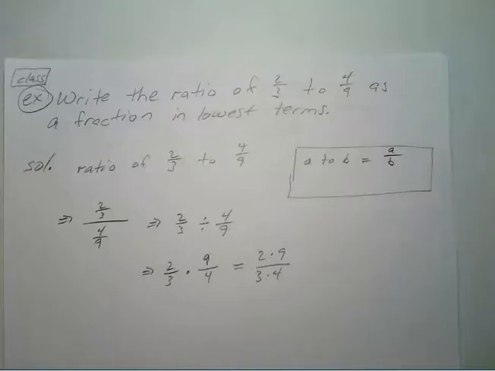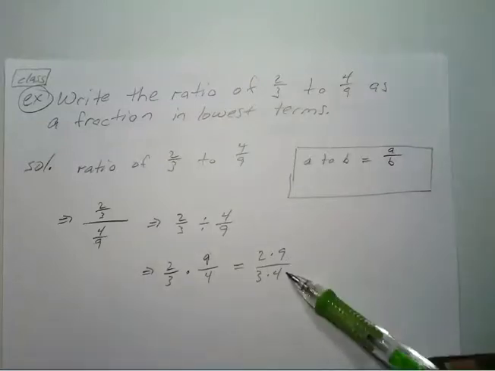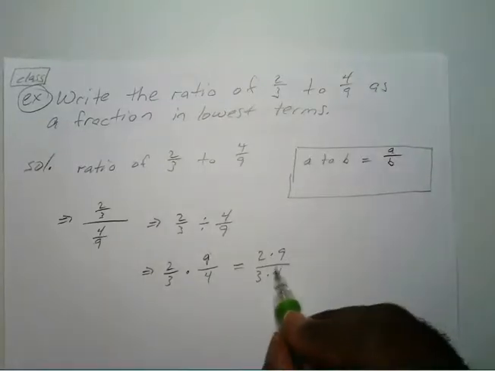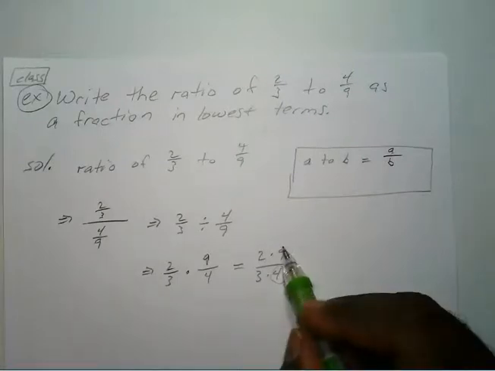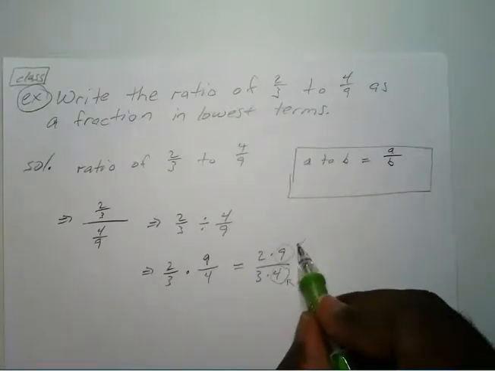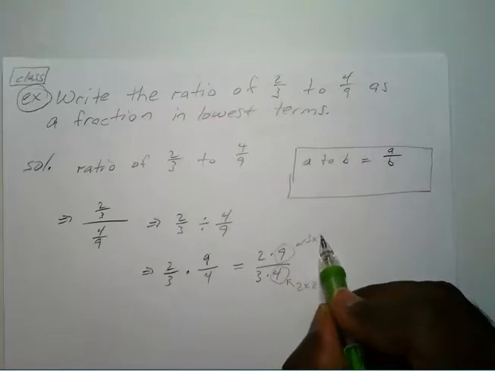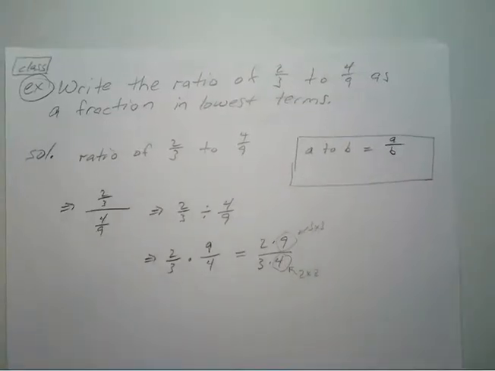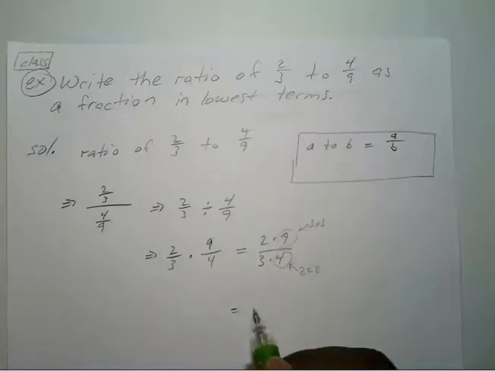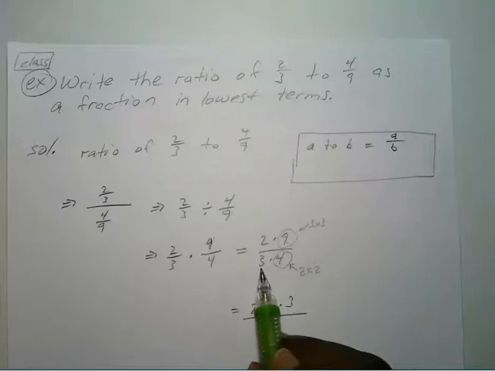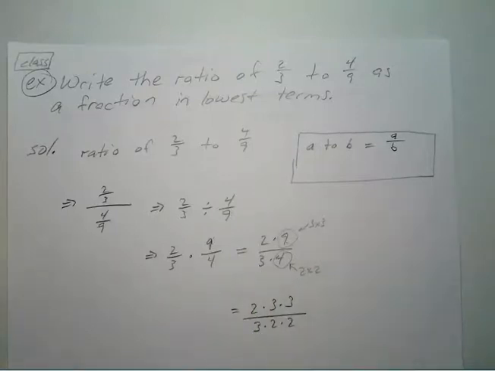All right, so before we multiply, we're going to go ahead and simplify it first. So this 4, we know that's 2 times 2, and this 9, we know that that is 3 times 3. So instead of 2 times 9, we're going to have 2 times 3 times 3. Instead of 3 times 4, we're going to have 3 times 2 times 2.